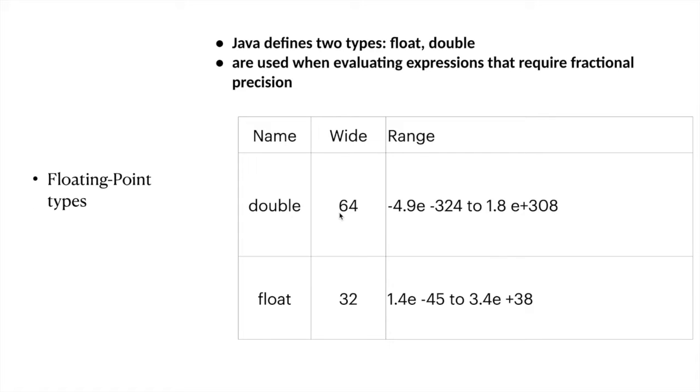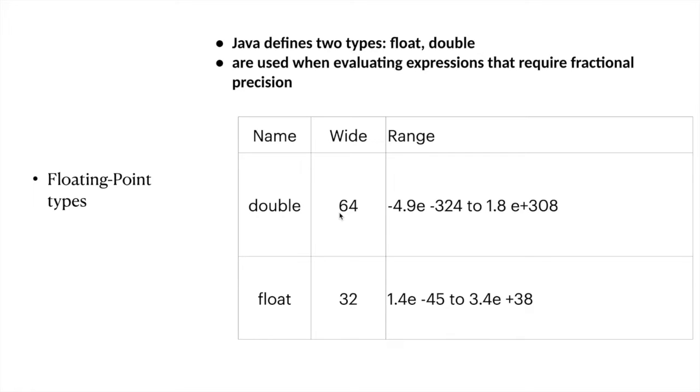The float data type is 32 bits wide, and it can handle from minus 1.4 times 10 to the power of minus 45 to 3.4 times 10 to the power of 38.